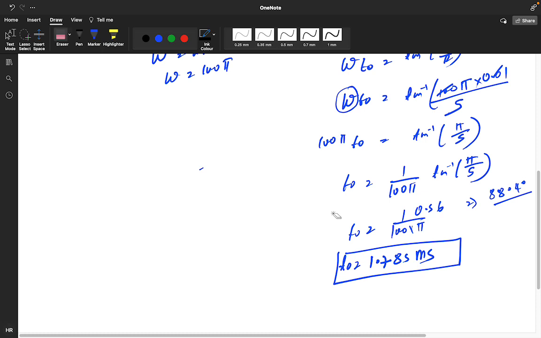Tomorrow we'll see some applications of the Laplace transform. It will hardly take half an hour. Then we can move to the resonance circuit.